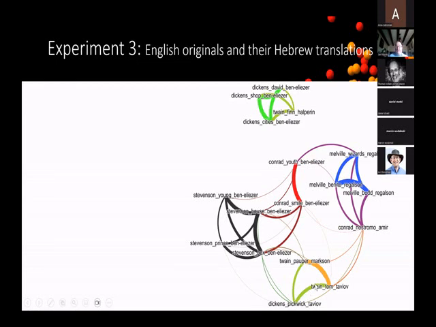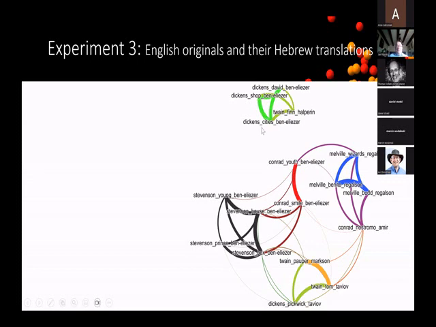We have, of course, some of the translators who appear only once, like Markson here, whose Prince and the Pauper by Twain gravitates strongly towards another Twain, and also his translation of the Pickwick Papers. That's another interesting thing.